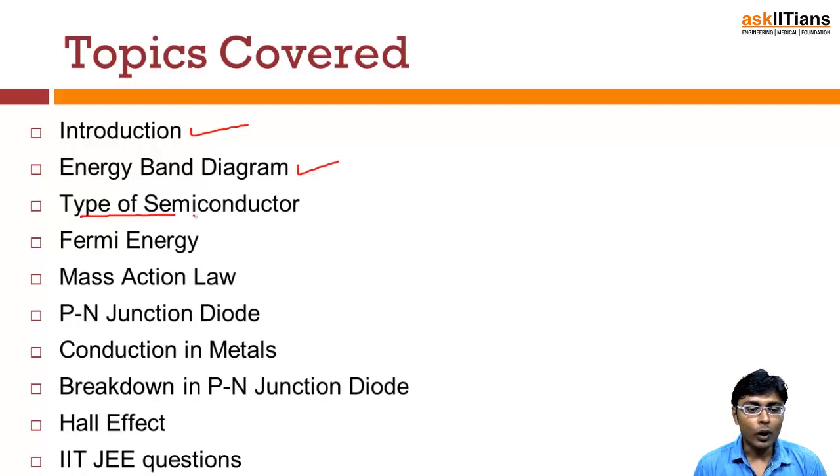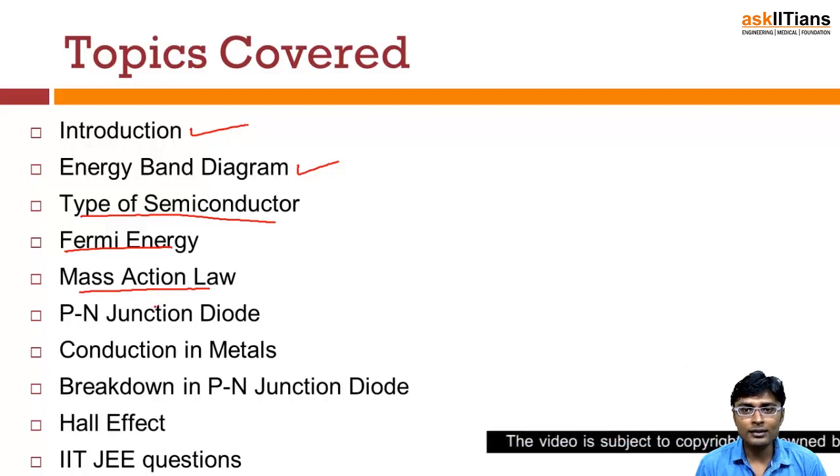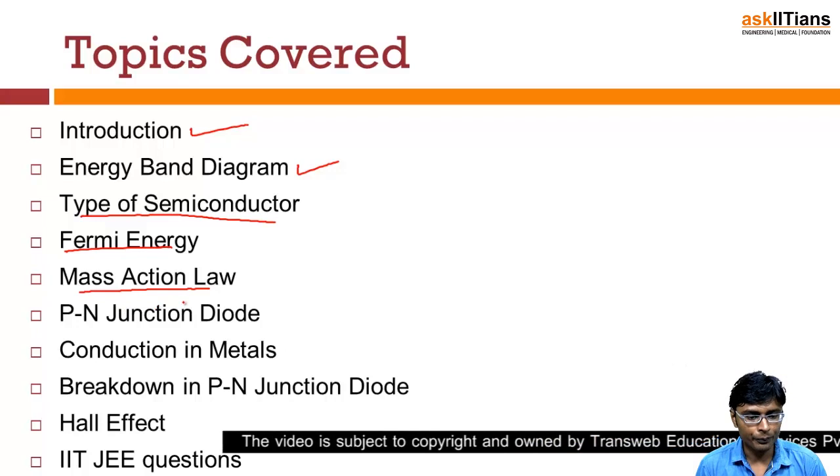After this, the types of semiconductors we have and their properties. Then we will discuss the Fermi energy level, and after that the mass action law. There is a law called mass action for semiconductors, and I will tell you what that is.